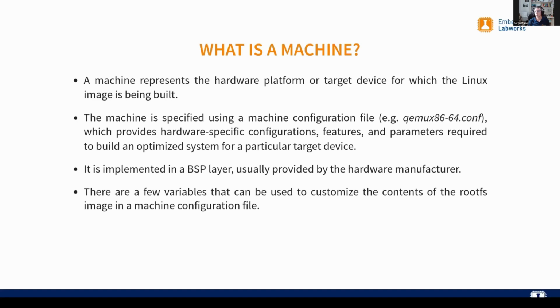What about the machine? A machine is another configuration file, another metadata, that makes it possible to define information about the hardware, right? From the CPU architecture to the components of the hardware itself, the kernel that you want to use, the bootloader, and everything in the middle related to the hardware.